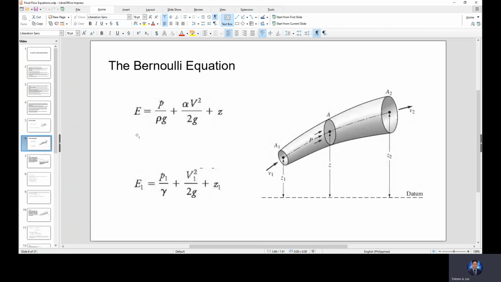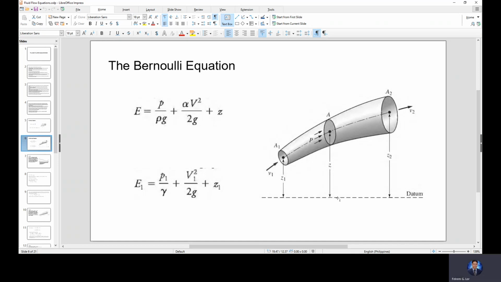the potential energy. So if we are to determine the total energy of the fluid possessed at point 1, at A1 for example, the total energy is the energy due to pressure, the pressure of the fluid inside the pipe, and the energy of the velocity, because it is flowing, so it has kinetic energy, and the energy due to its position, a certain vertical distance from a certain datum.